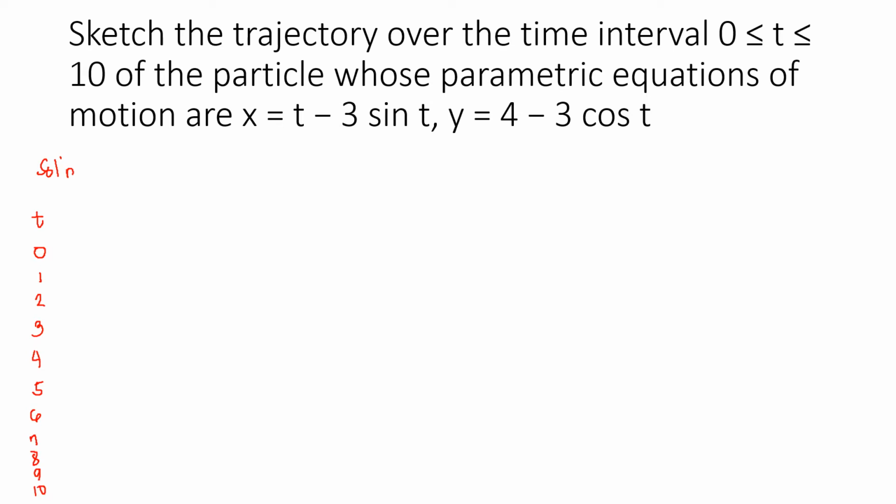Then we determine x. If t is 0, you have 0 minus 3 sine 0, which is 0. Substituting t by 1, 1 minus 3 sine 1, using your calculator, is negative 1.5. Then, rounded off, 0, negative 0.7, and then 2.6.